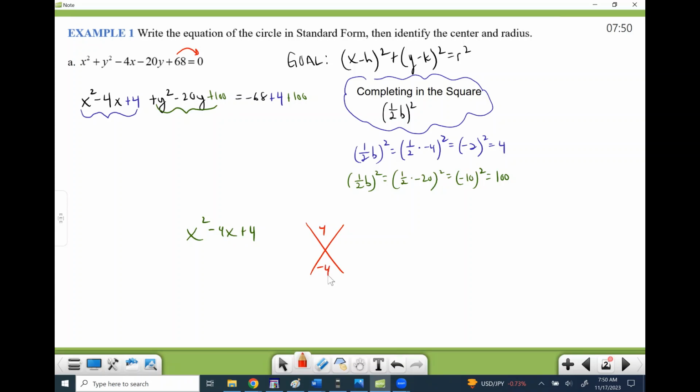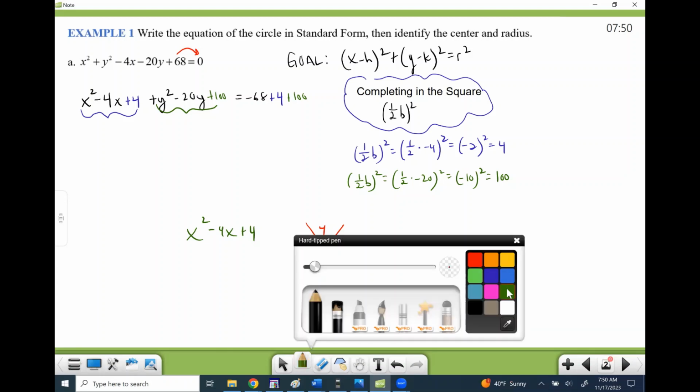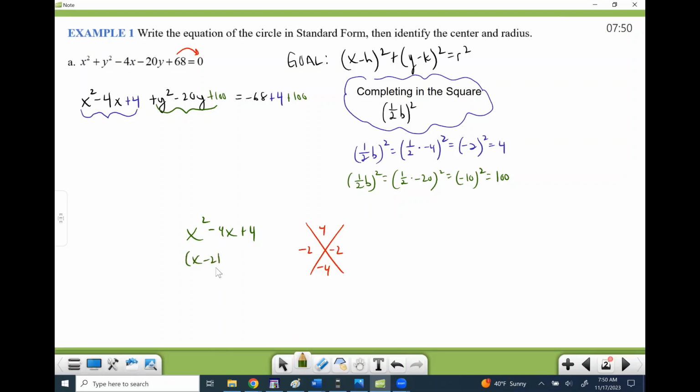The factors of 4 that add up to negative 4 would be negative 2 and negative 2. So instead of writing x minus 2 times another x minus 2, I can write it as x minus 2 squared. You can still use that.